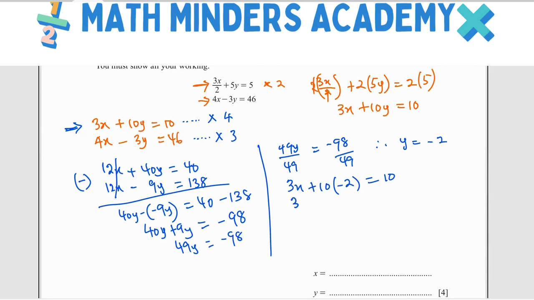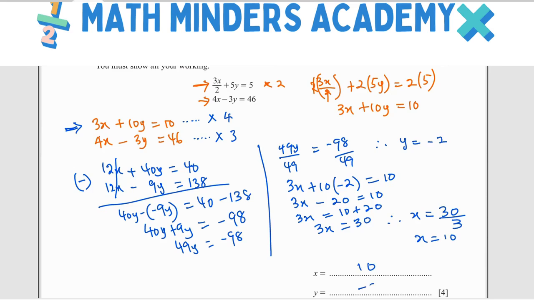So I have 3x minus 20 equals 10. So this is 3x equals 10 plus 20. 3x equals 30, okay? Divide by 3. So x is 30 over 3. x is 10. So here x is 10, y is minus 2.